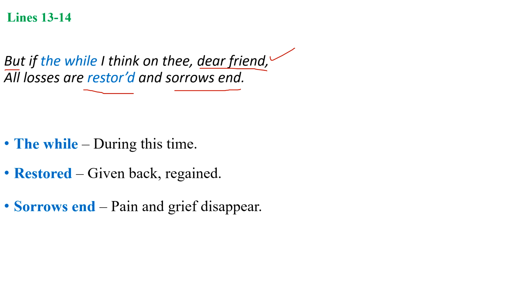So here, whenever he thinks about a dear friend, all his sorrows come to an end. The thought of his beloved person is so powerful that it brings comfort and joy that erase the pain of the past. So here he forgets all the pain of the past when he thinks about a dear friend.